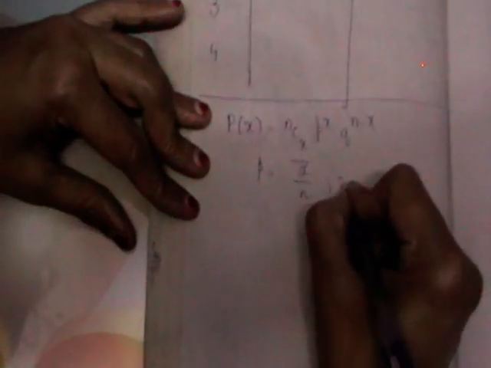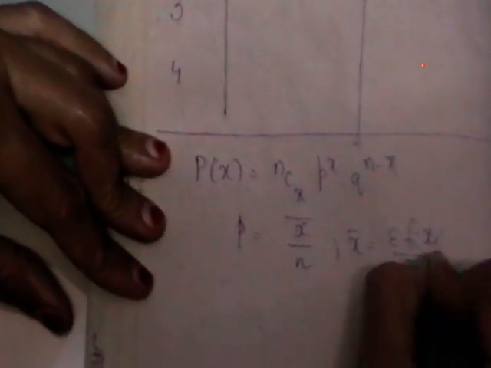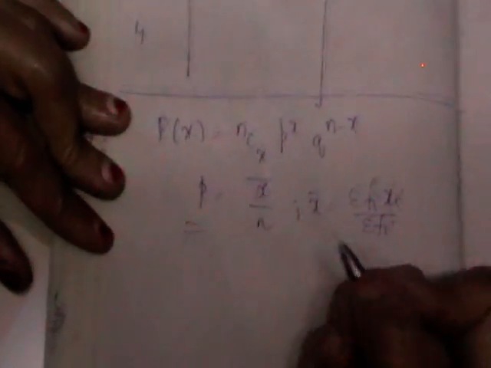For that, as we are using the binomial distribution, P(x) is nCx p^x q^(n-x). Just now we wrote that the formula for p is x bar by n, where x bar is again sigma fi xi by sigma fi. So to know the value of p, and once p is known, you can calculate q as 1 minus p.